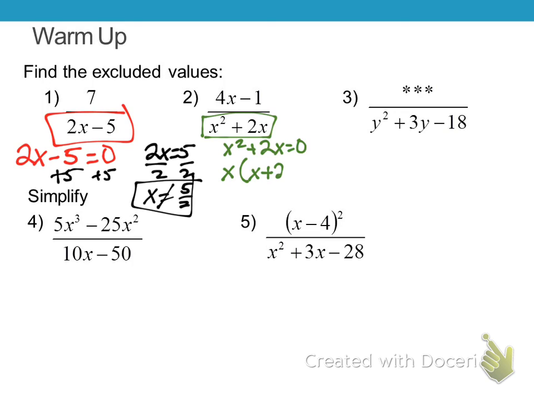X plus 2, good. So x equals 0, and x plus 2 equals 0. Now x equals 0, the x is already isolated. That one's done. How would I get x by itself right here? Subtract 2 from both sides, and x equals -2. Good.